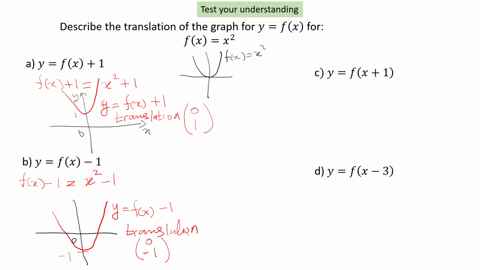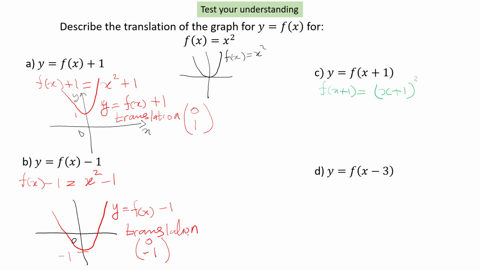Next one, y equals f(x plus 1). So the constant is inside the bracket. Wherever there is x, you need to put x plus 1, so (x plus 1) squared.